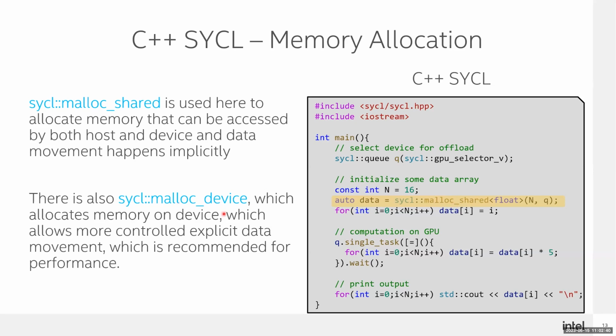For that, you might use something called malloc_device, and we will learn more about that in the upcoming module. This is mainly more useful to get performance. Also, if you use malloc_device, you'll have to move the memory explicitly, which we will look at in examples later. So this is about the memory allocation that we've done.